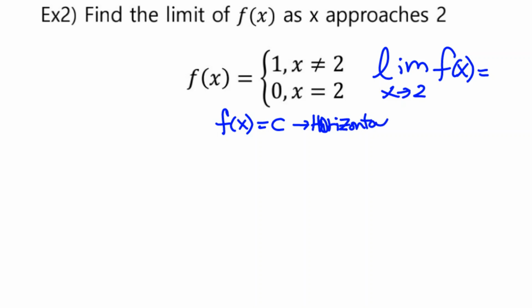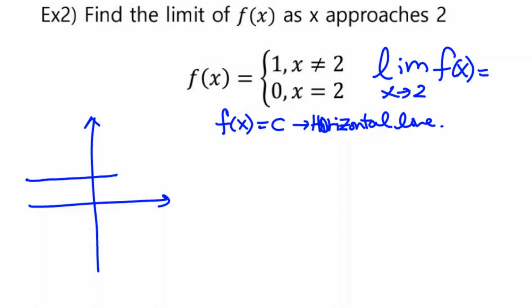Okay. So let's graph this. X-axis, y-axis. f of x is 1. It has the y value of 1 when x is not 2. But when x is 2, it has the value 0.